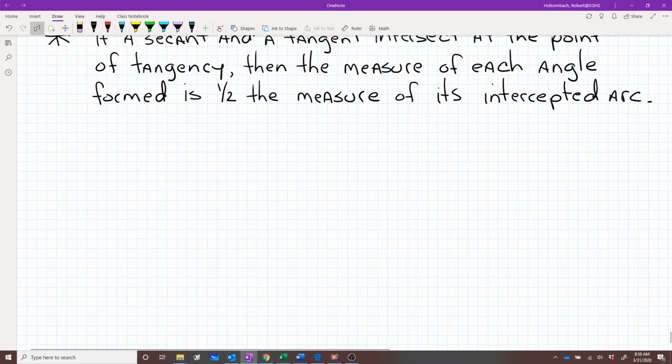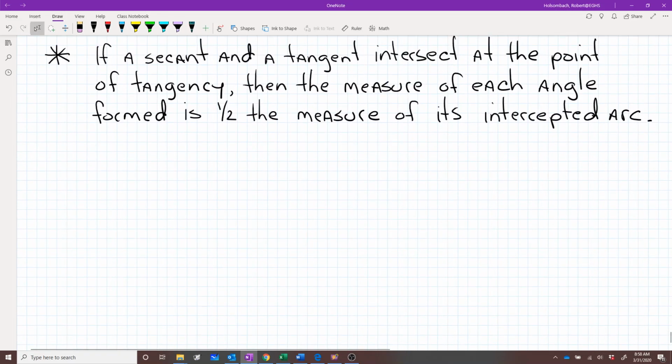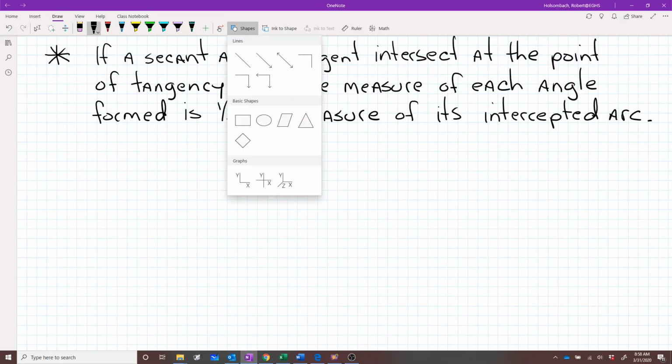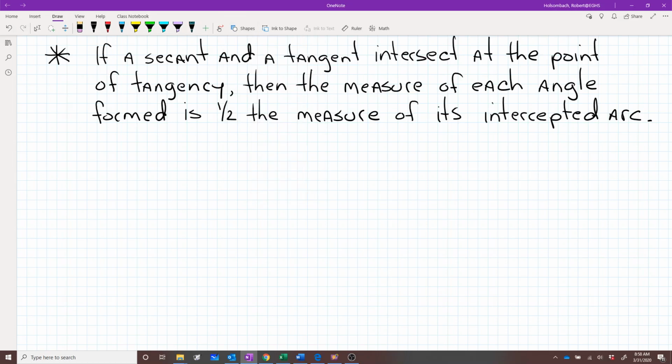And let's get a diagram of that. So the first thing we're going to need is a tangent and a secant intersecting at a point of tangency.